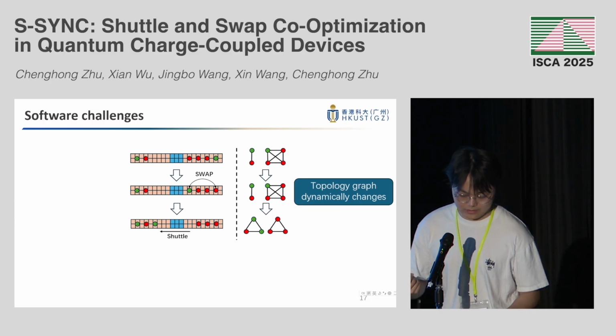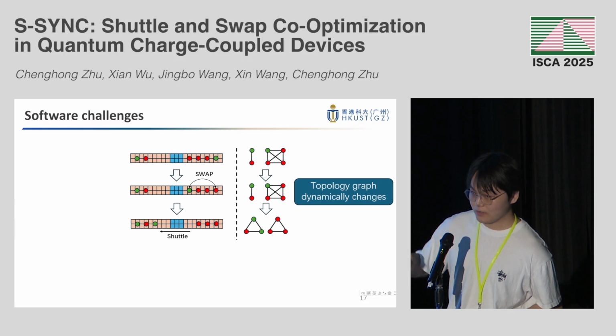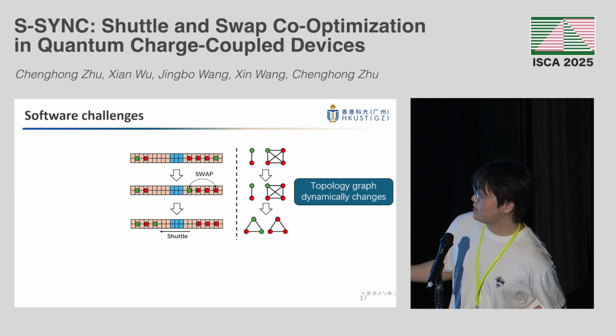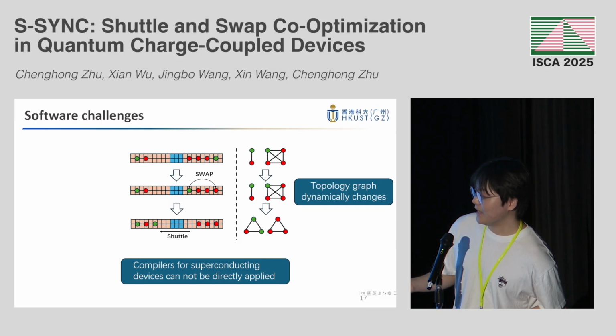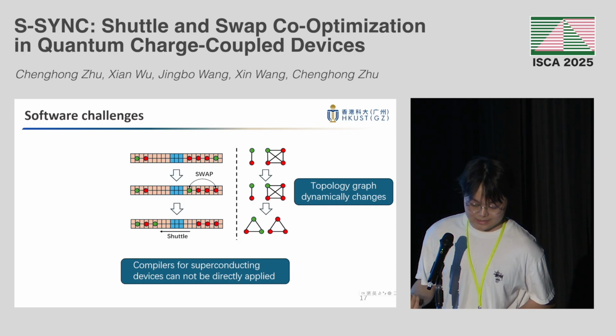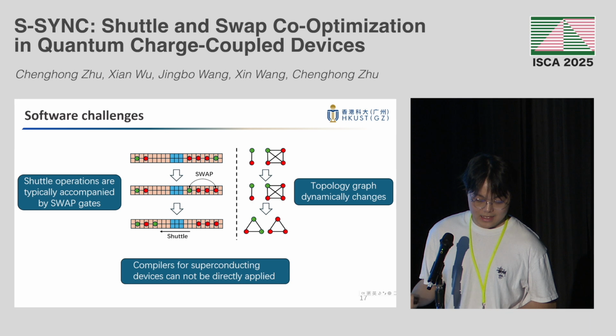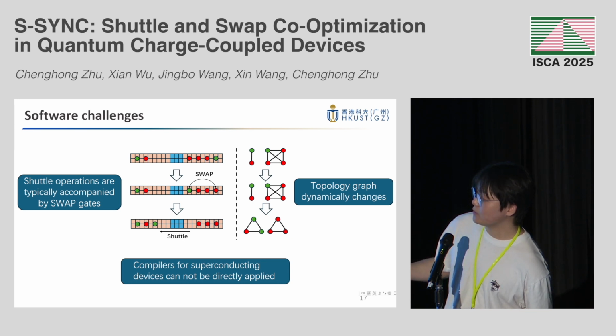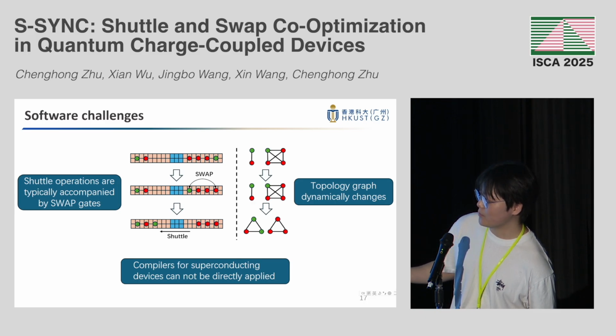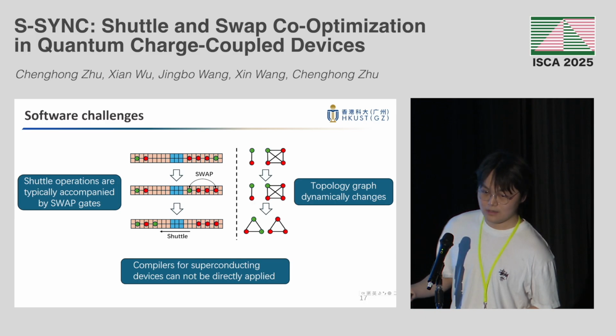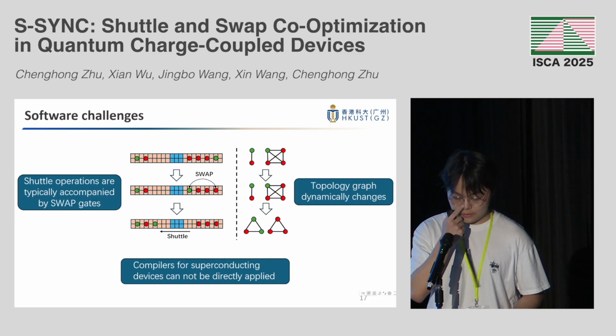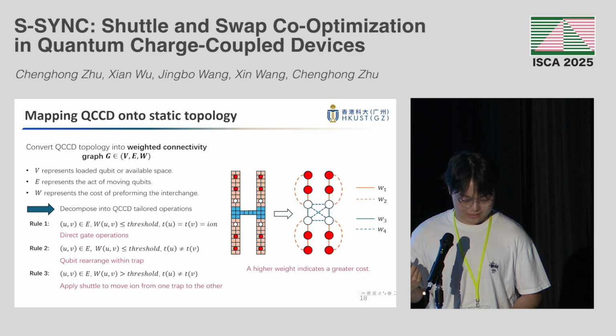If we use existing compilers, we need to reuse this topology graph, which also means that compilers for superconducting devices cannot be directly applied. We can also notice here that if we want to shuttle an ion from one trap to another, it is always accompanied by swap operations, which also cause a lot of cost.